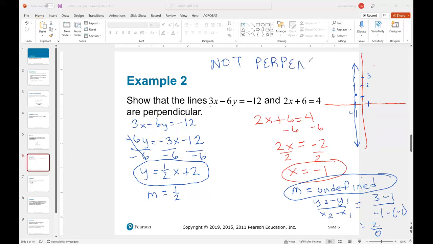So what would be perpendicular? Okay, so if I wanted a line perpendicular to this line, the slope of the other line that was perpendicular would have to be -2/1 or -2.